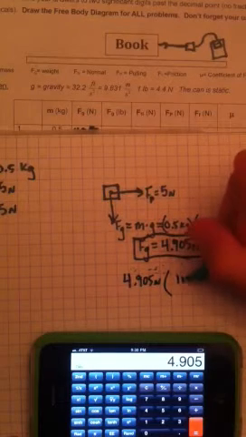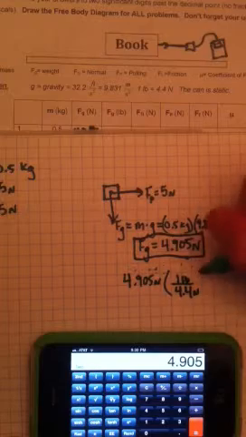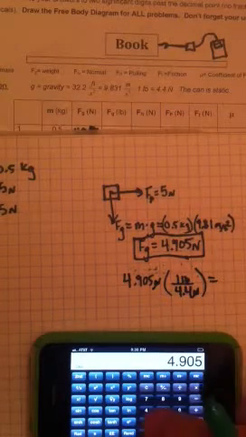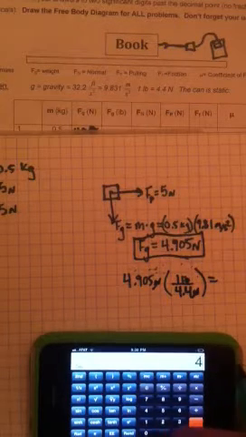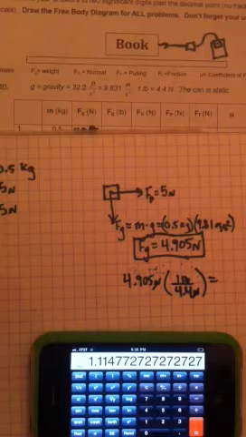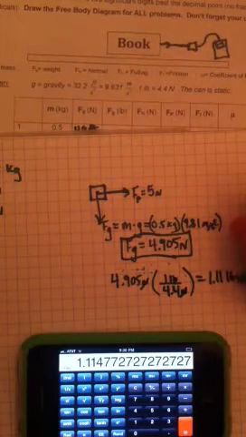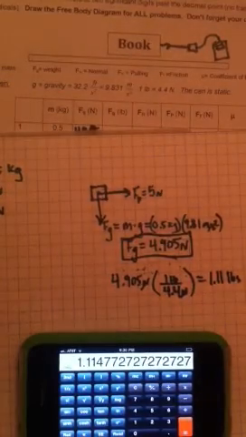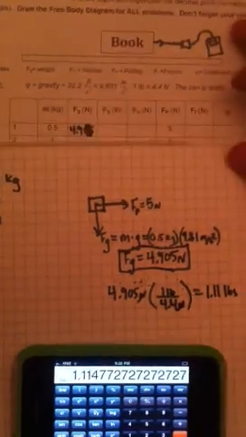And in 1 pound, there's 4.4 newtons. Newtons are going to cancel out. So 4.905 divided by 4.4 gives me 1.11 pounds. So just a quick reminder, in order to change from newtons to pounds, all you have to do is divide by 4.4.